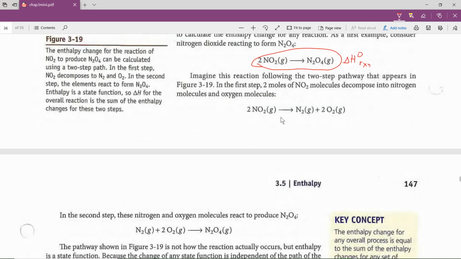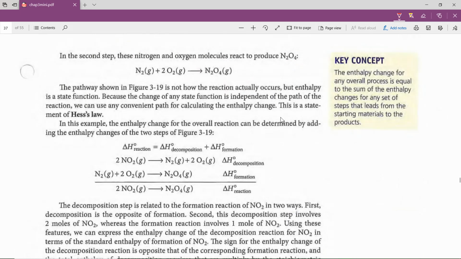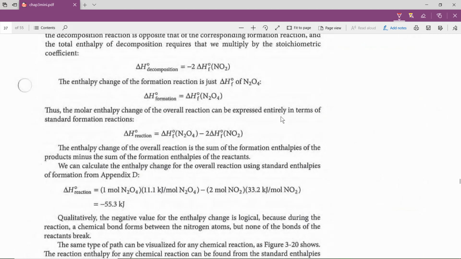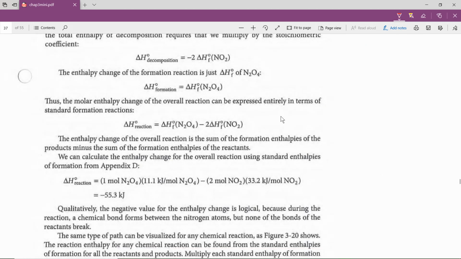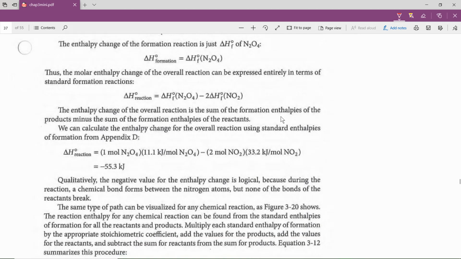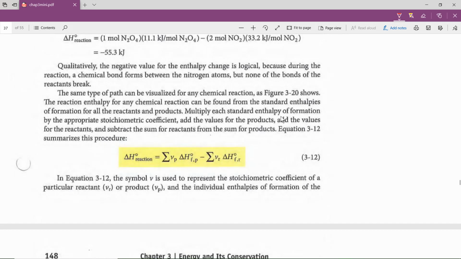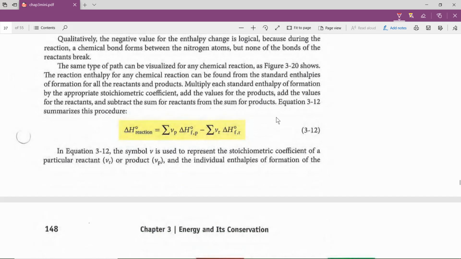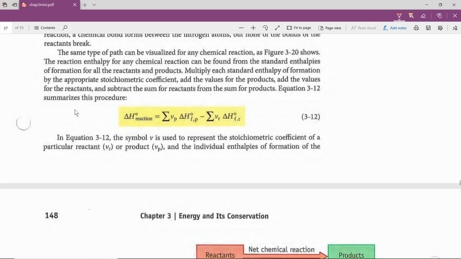The book makes a big deal of getting into all this, and that's not nonsense, but let me jump straight to the task at hand. Here is what's called Hess's law. If we know the heats of formation, delta H naught of reaction is the sum, where this little nu is the stoichiometric coefficient.